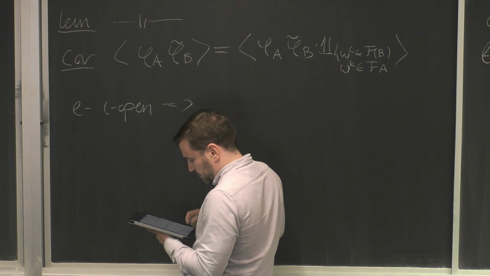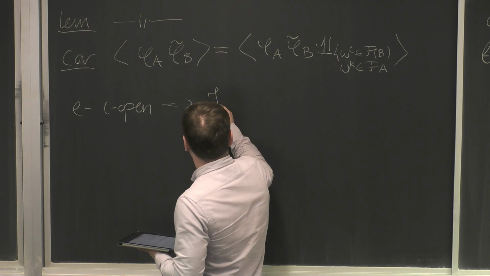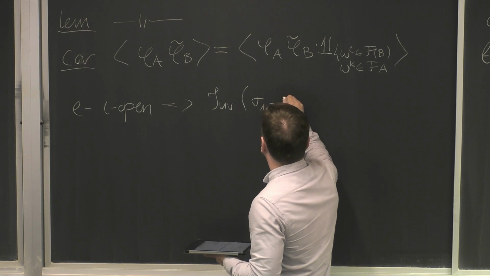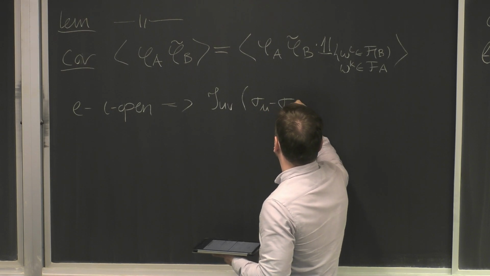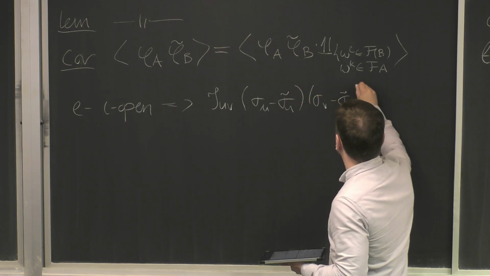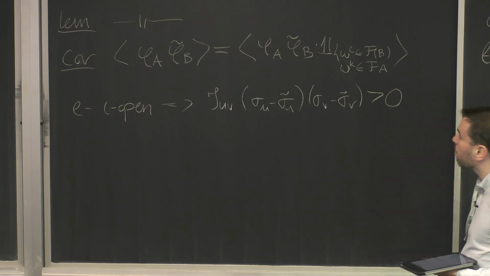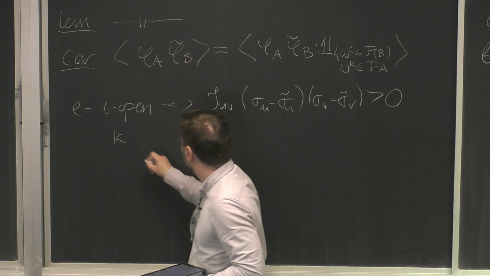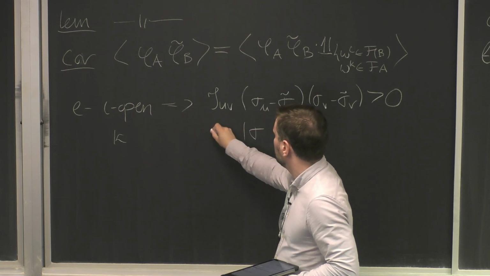If this is open, then after a very simple computation you have this condition: sigma_u tilde, sigma_v minus sigma_v tilde, that this is positive. And if this is kappa open, then you have the same thing, but with pluses.